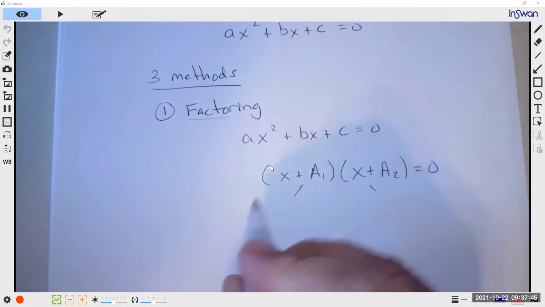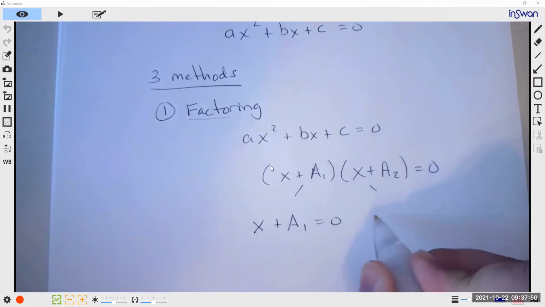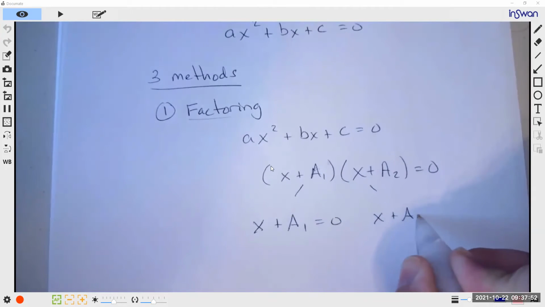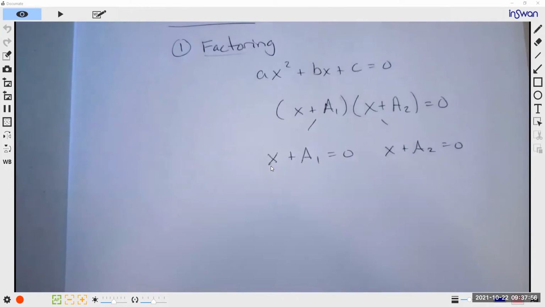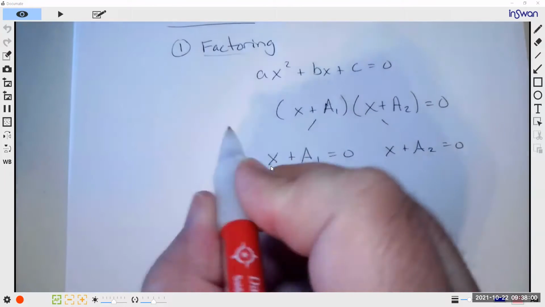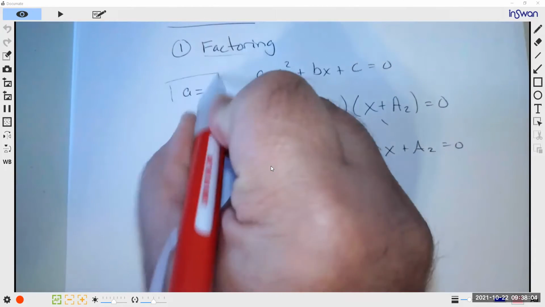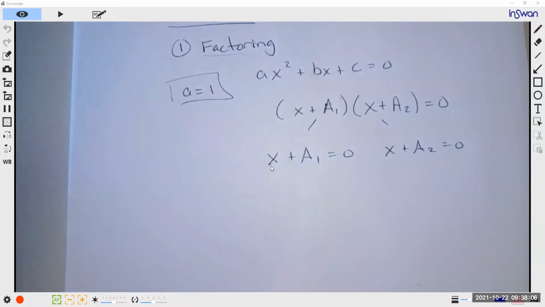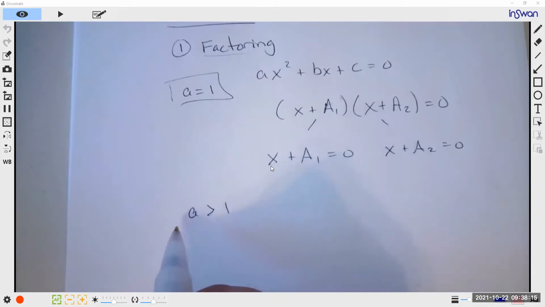Then we took both of these equations here and set them equal to 0. That's what we first looked at with a is 1. But then we had a is greater than 1.